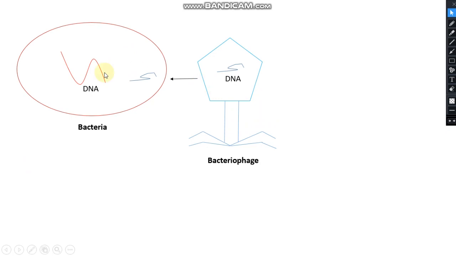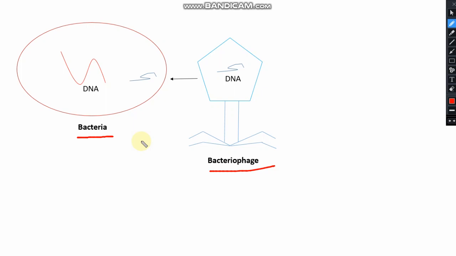So I drew a picture, a schematic diagram of how the restriction enzyme works. Here you see the bacterial DNA, the bacteria and the bacteriophage. We know that bacteria are attacked by bacteriophages, and the bacteriophage DNA is incorporated into the bacterial genome. When a lot of bacteriophage DNA amplifies inside the bacteria, they are destroyed by the foreign DNA.